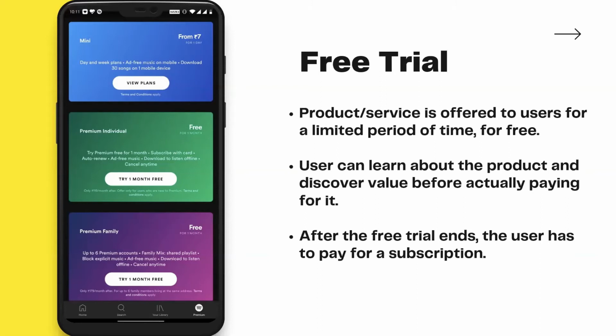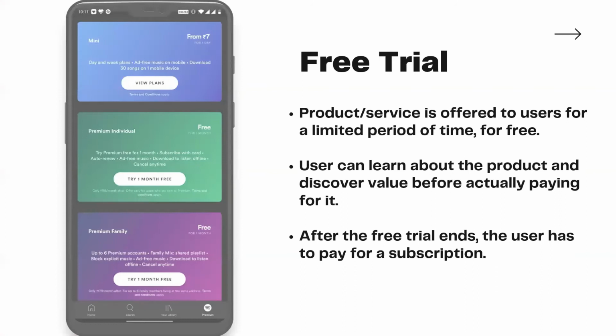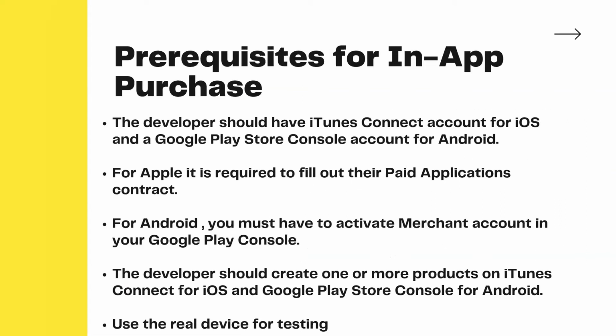And then we will see the implementation part of in-app purchase in React Native. There are some basic requirements. First, we will need an iTunes account for iOS and a Google Play Store console account for Android.